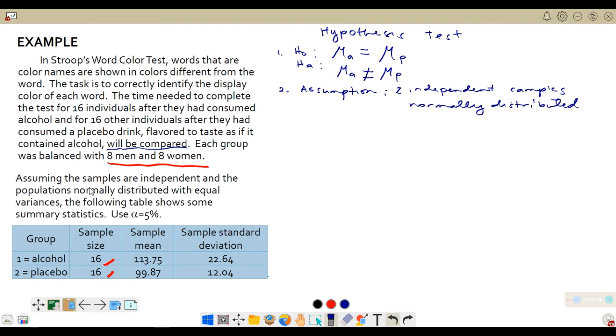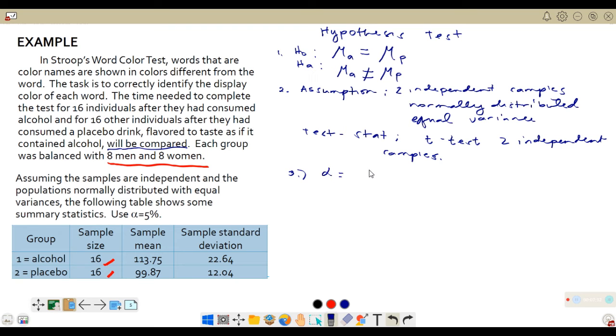Also, sa assumption natin, may equal variances. Therefore, ang gagamitin nating test statistic ay t-test for 2 independent samples.